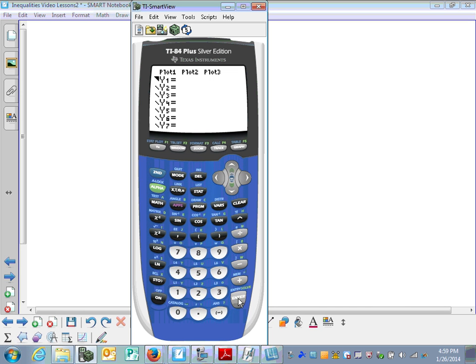Hit enter again, and you'll get a flashing triangle. That's the greater than sign. It's going to shade above the line. Enter, the next one is a flashing triangle that's going to be the less than sign, below the line. So go ahead and you can hit enter a few more times and see the different ones and go back to where we began.